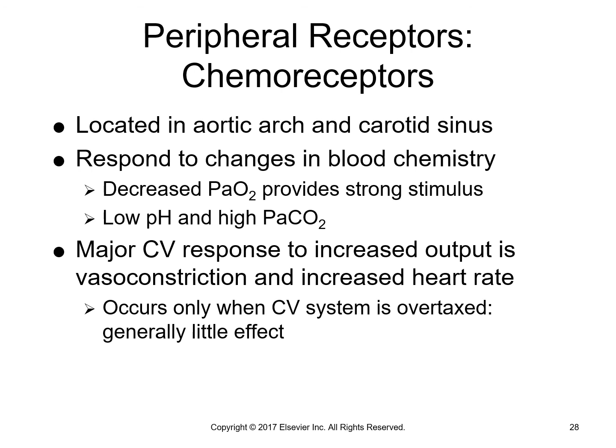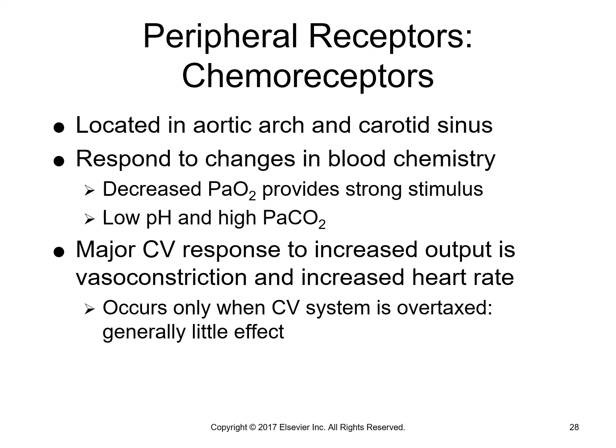Sorry, the one before was the baroreceptors. Now we're talking about the chemoreceptors, and they are also located in the aortic arch and carotid sinus. They respond to changes in our blood chemistry.